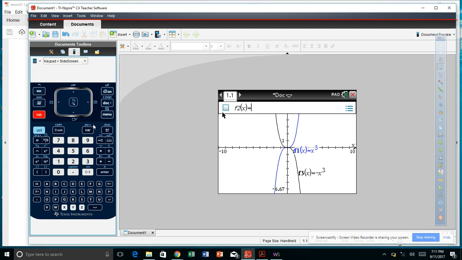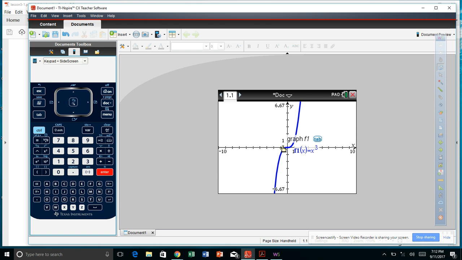Let's press tab and see what we've got. That one's gone. Oh, that one stayed. Let's see if that's gone now. All right, good. Now, if you look, it goes through (1, 1) right there. And it also goes through (-1, -1) right there.